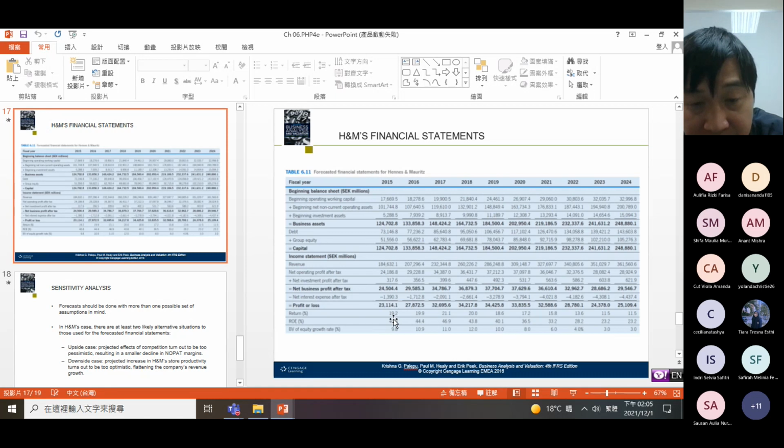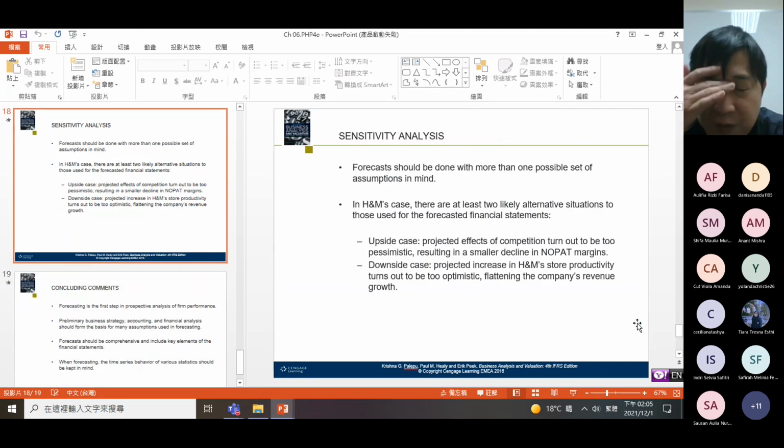The previous figure we predict 23.114, and in the last year 24.109. Our ROE in the coming year is 40.8, and in the last year 23.2. So it changes over time, year by year.